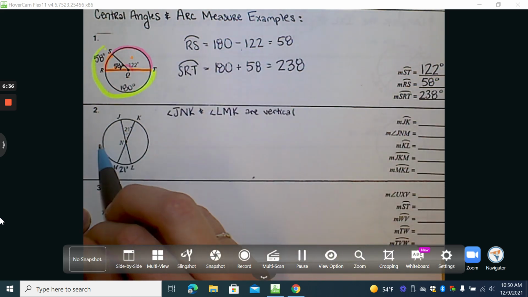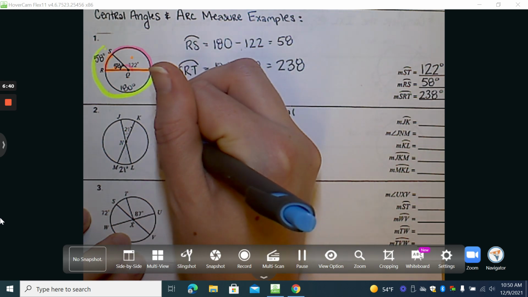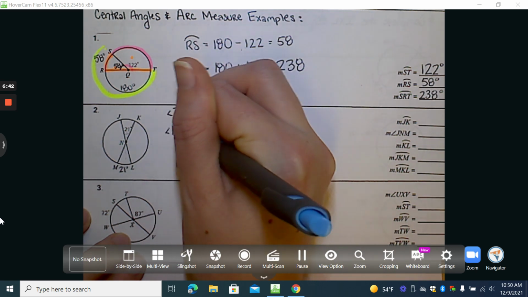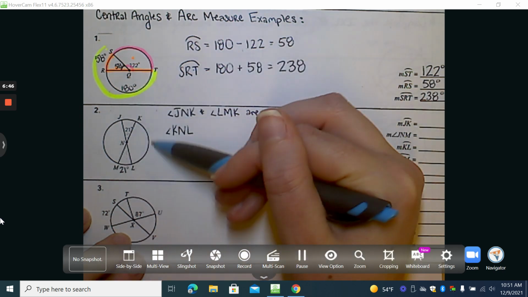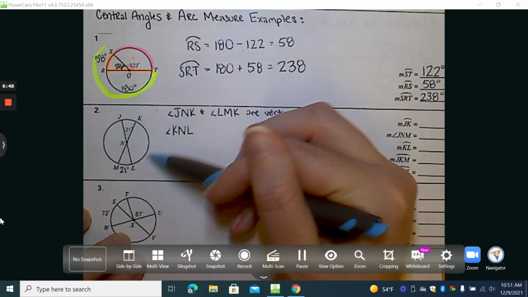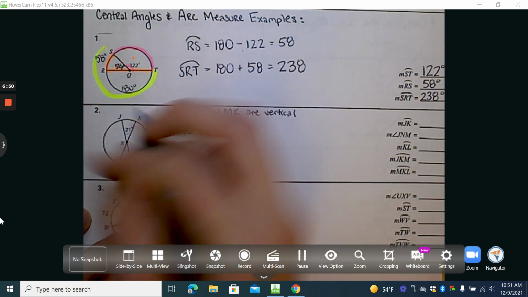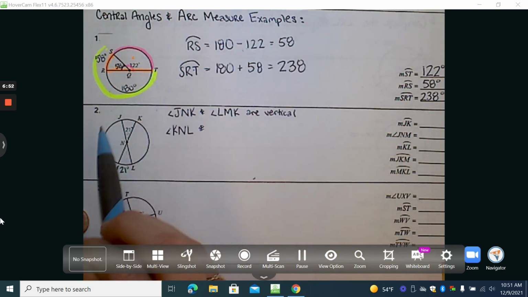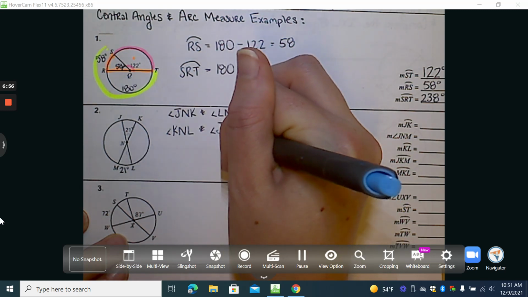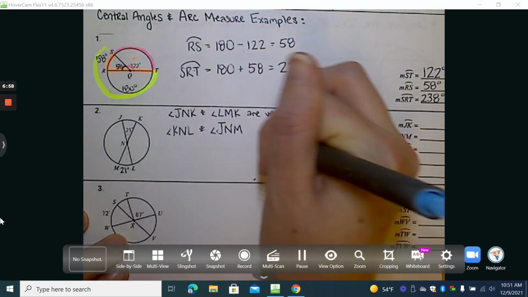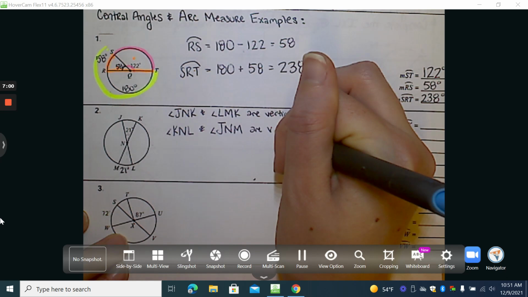I can also make a quick note that those two angles are also congruent. So angle K and L over on this side of my circle, and the angle over on the other side of my circle, J and M, are also vertical.